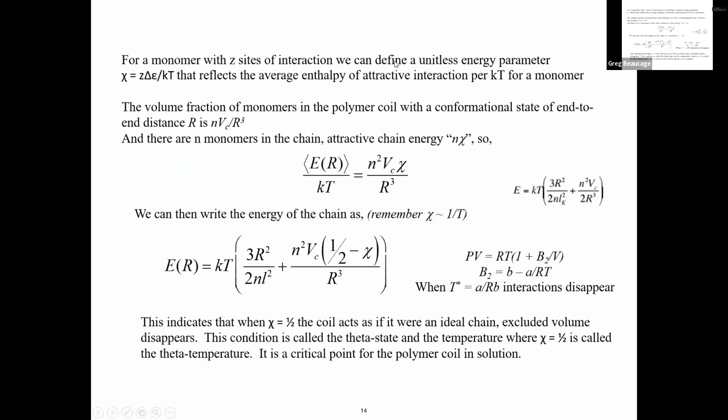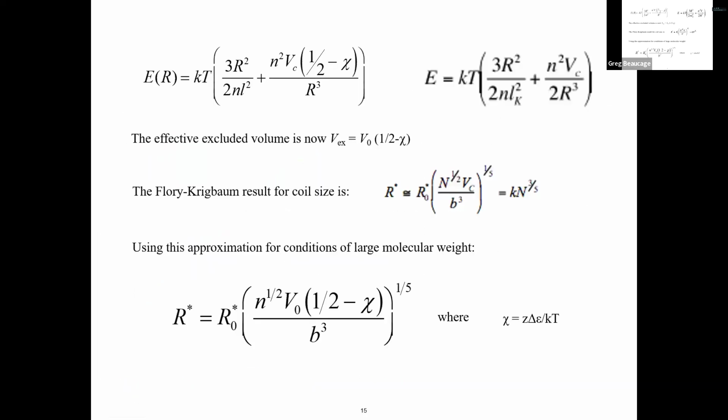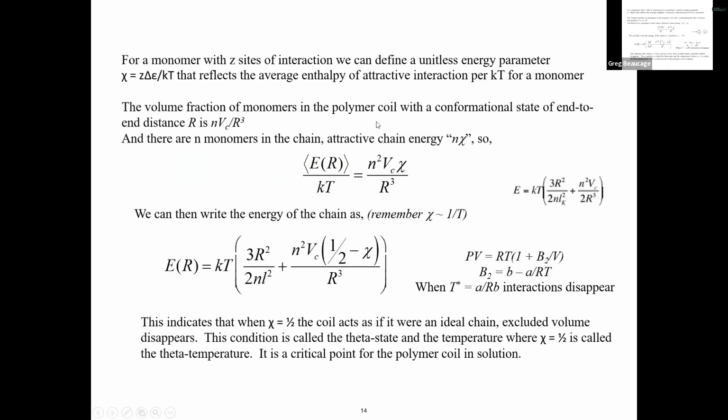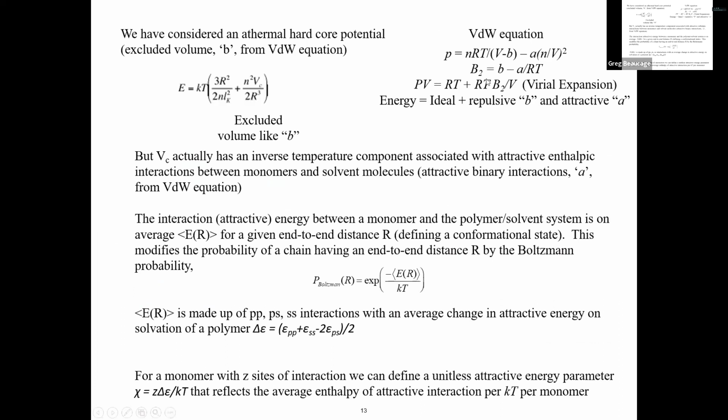It also tells you that there's a magic temperature. Just like with the Boltzmann, if you say this excluded volume term can go to 0 at some magic temperature, the temperature would be B over A, or B over RA, which gives you some magic temperature where B2 disappears and the thing becomes ideal, like an ideal gas.